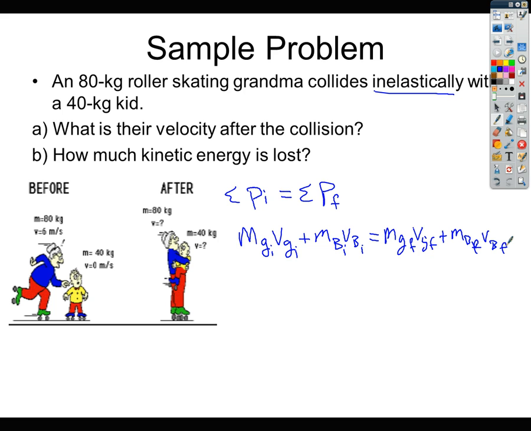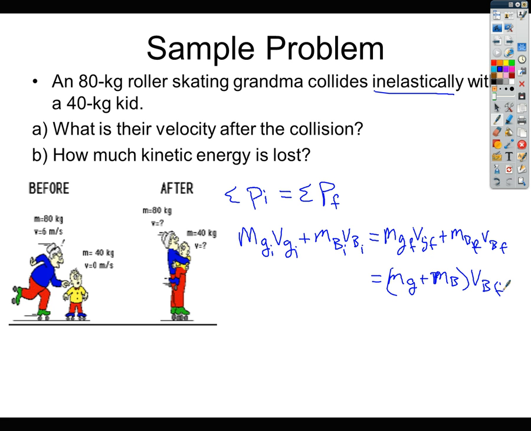We know that the velocities of the two should be the same, so we can just make this side of the equation the mass of Granny plus the mass of the boy combined, times the velocity final.